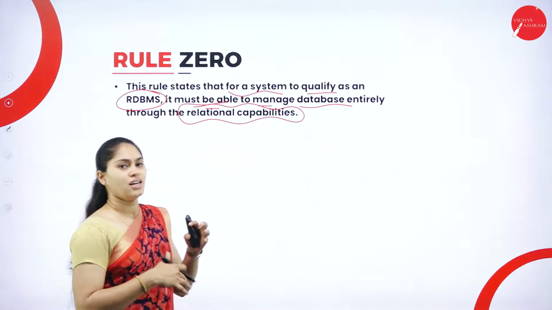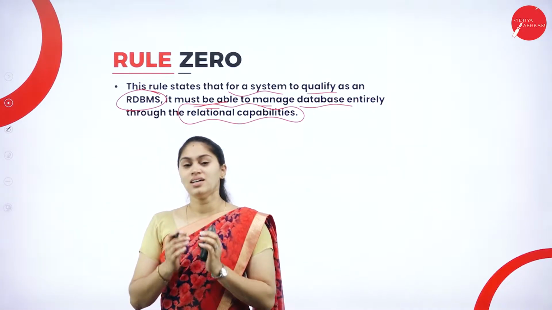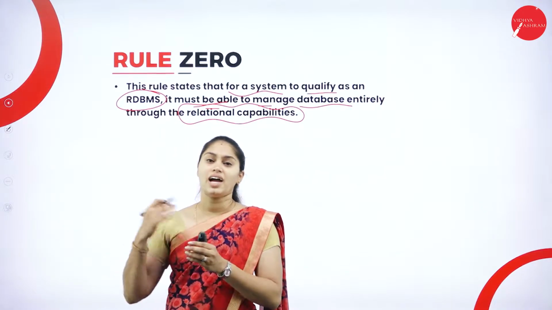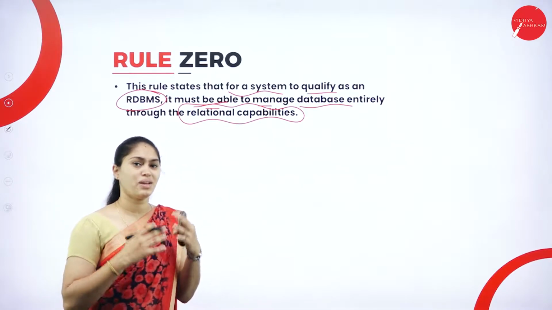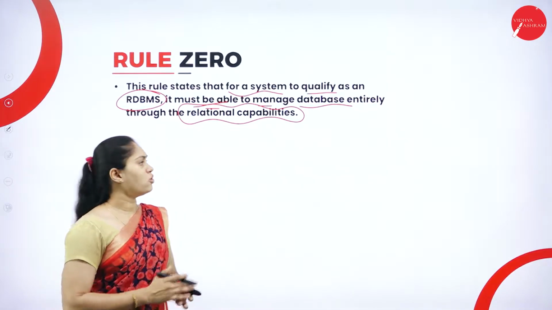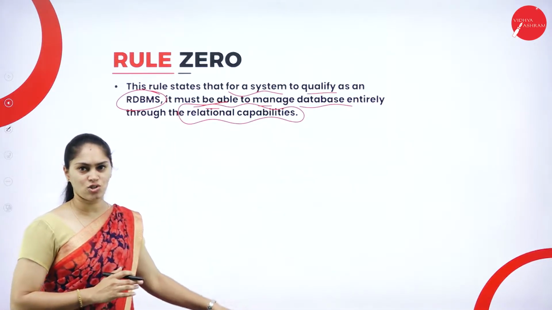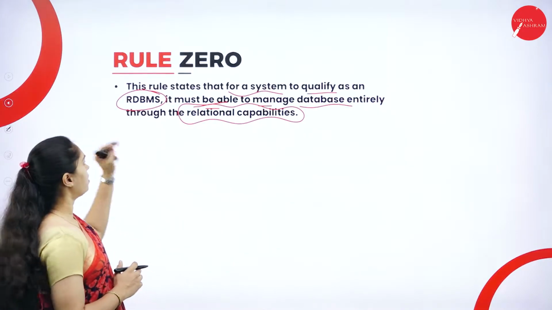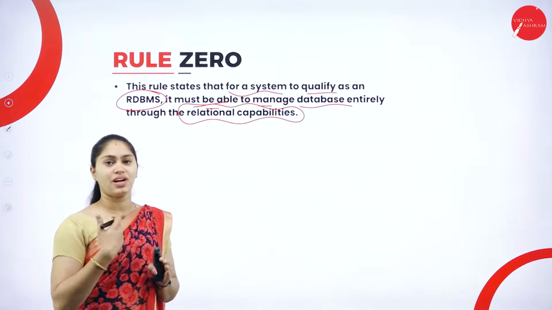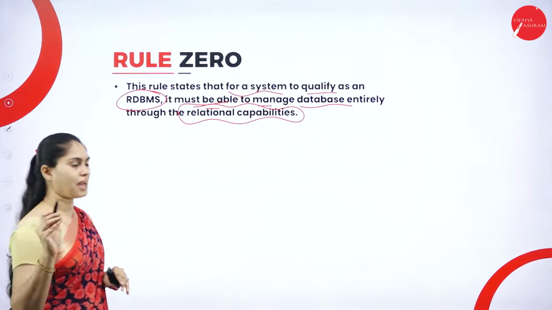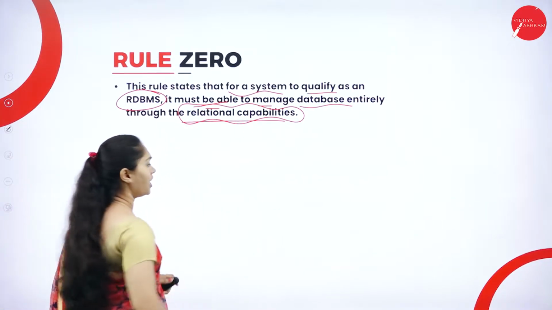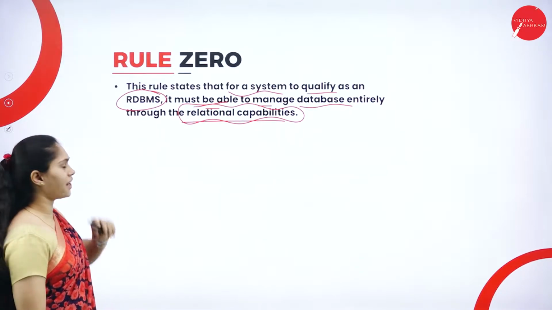So it must have a relation from one table to another table, how one attribute affects another attribute, and how it is going to be decomposed. All those relational capabilities have to be there. It has to follow the 0th rule. This is regarding rule 0.